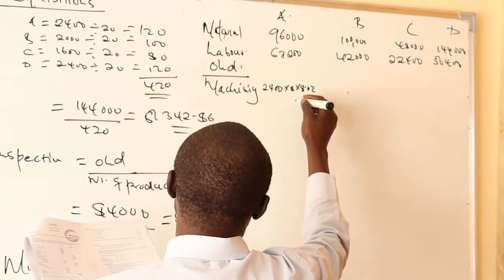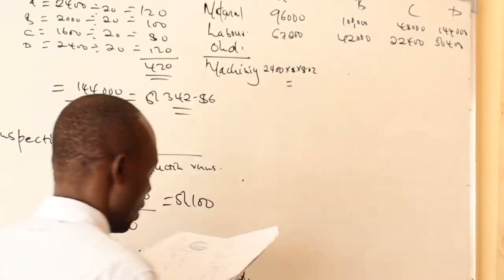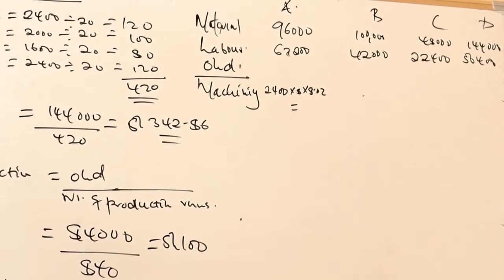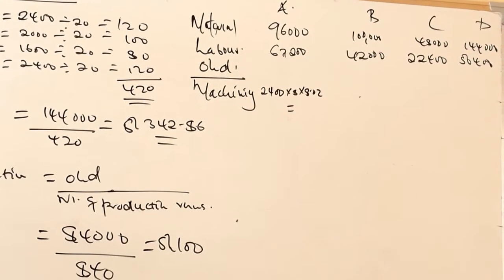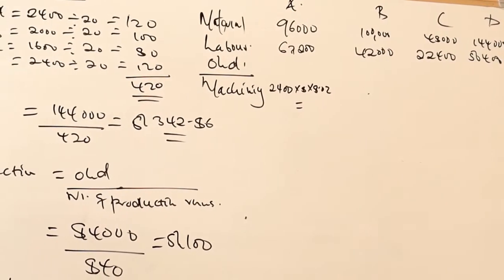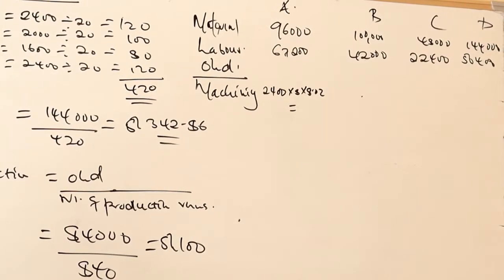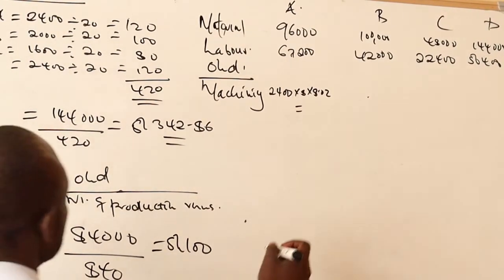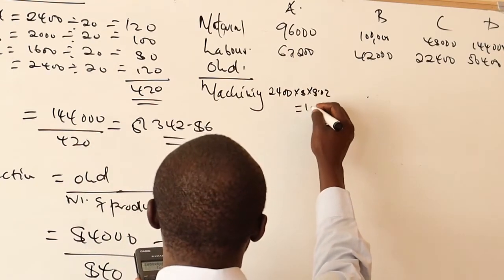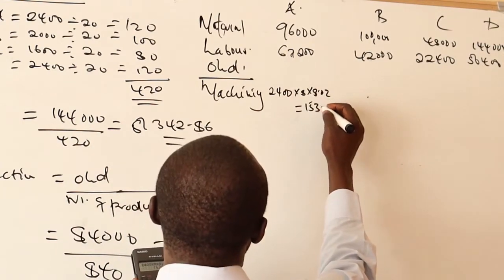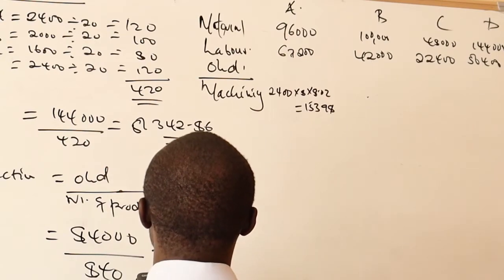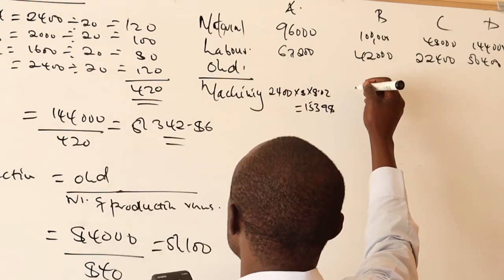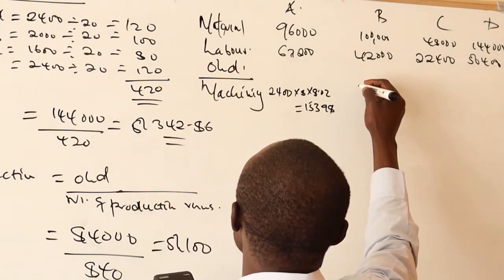That will give us the total overhead cost, which is 153,984.